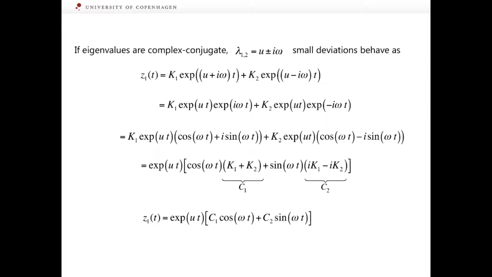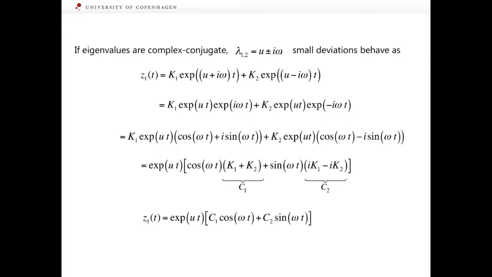You can see that this expression has the form of two periodically oscillating terms, cosine of wt and sine of wt, and these terms are fluctuating with the same frequency, angular frequency w.